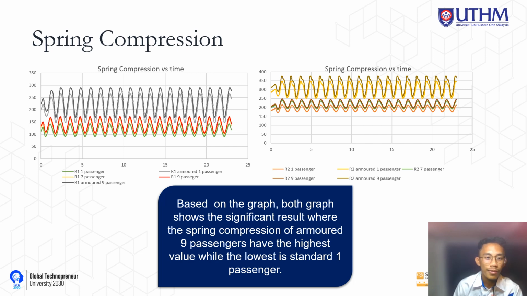So from the graph, the armored vehicle with 9 passengers, which has the highest mass, produces the highest value of spring compression for the front tire and rear tire, while the least value of sprung mass, which is the non-armored vehicle with 1 passenger, produces the least value of spring compression.